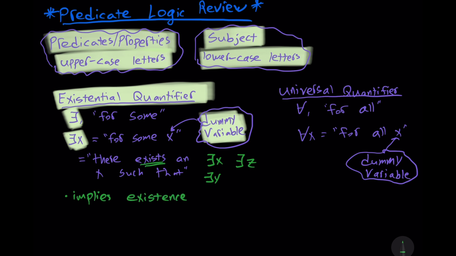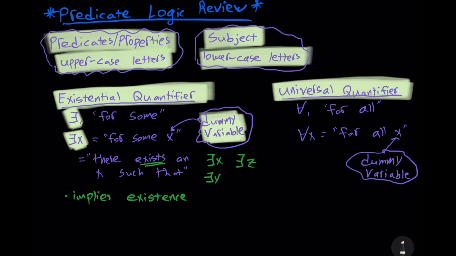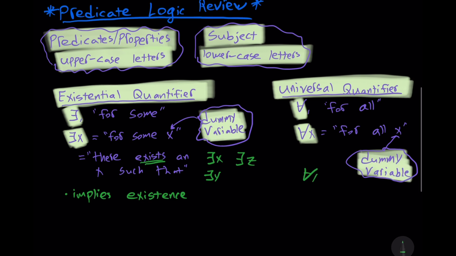Hence the term existential. We then have the universal quantifier for all x. And we use the symbol, the upside down A. So this here represents for all x, and once again, x is the dummy variable. So if I say for all x, or for all y, or for all z, those really say the same thing.